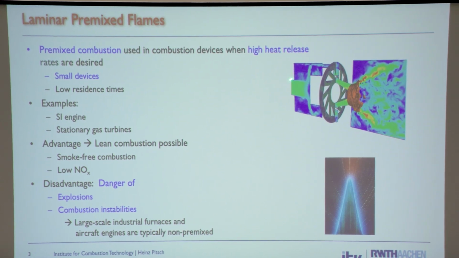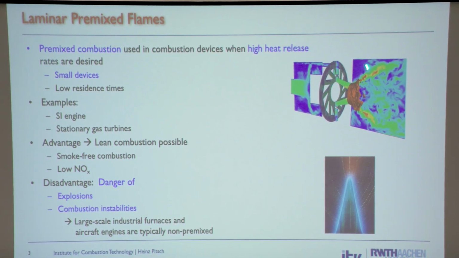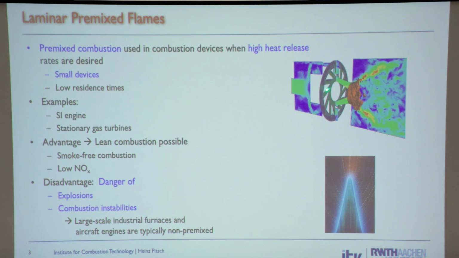Upstream you have the swirler, and from the swirler you have these passages that lead into the combustor. The color is the velocity magnitude, and this red surface here is the flame. The flame tries to burn inside the unburned mixture. So everything here is burnt.